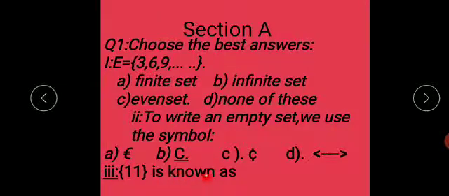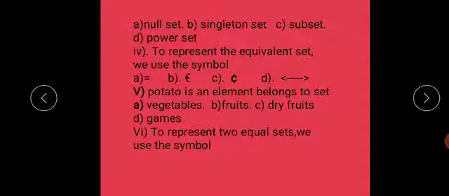Third part: 11 is known as null set, singleton set, subset, power set. Fourth part: to represent the equivalent set we use the symbol is equal to, not belong to, phi, corresponding to. Fifth part: potato is an element belonging to the set vegetables, fruit, dry fruit, games.